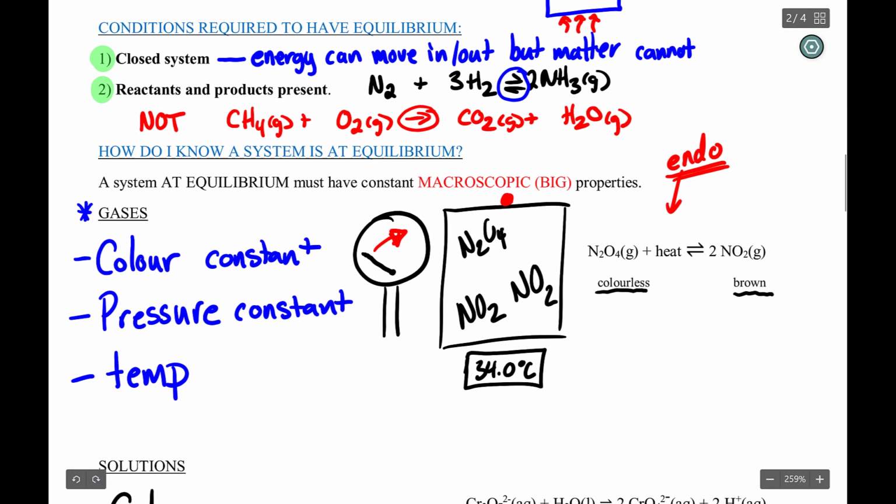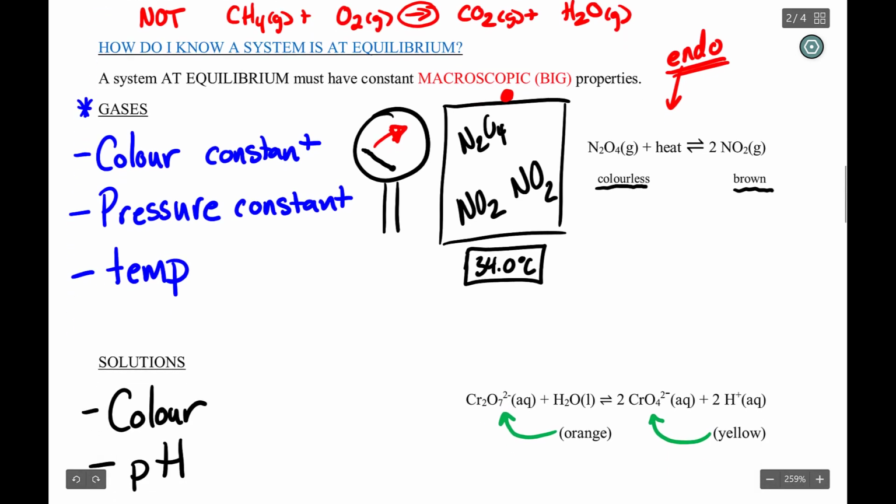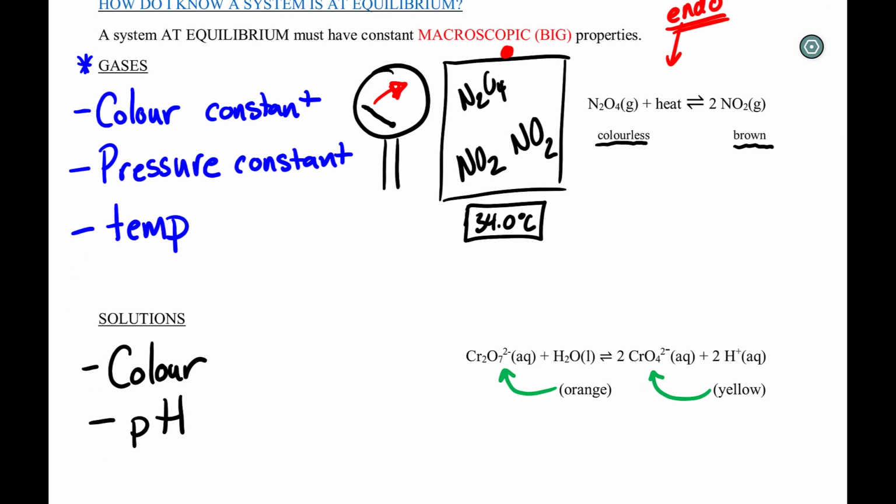The conditions I need to have is a closed system which allows energy to move in and out but not matter, and I have to have reactants and products present. A good example of something which is never in equilibrium is a combustion reaction because it only goes one direction. And I can use color, pressure, and temperature to check to see if a gas system is at equilibrium. And I can use color and pH to check to see if a solution is at equilibrium.